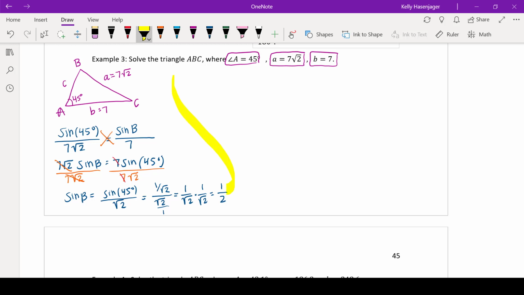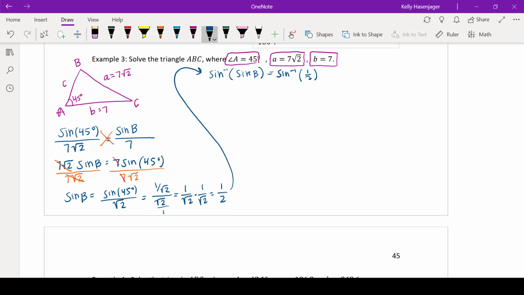From this equation, we're going to split up and say, okay, if sine of B is 1/2, I'm going to take inverse sine of both sides. So inverse sine of B and inverse sine of 1/2.